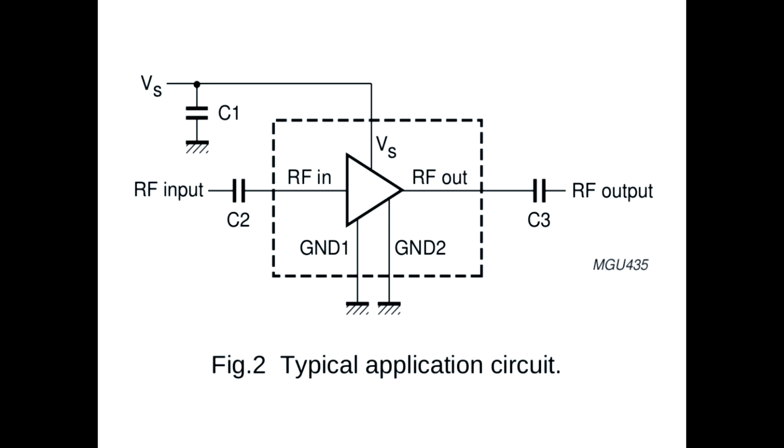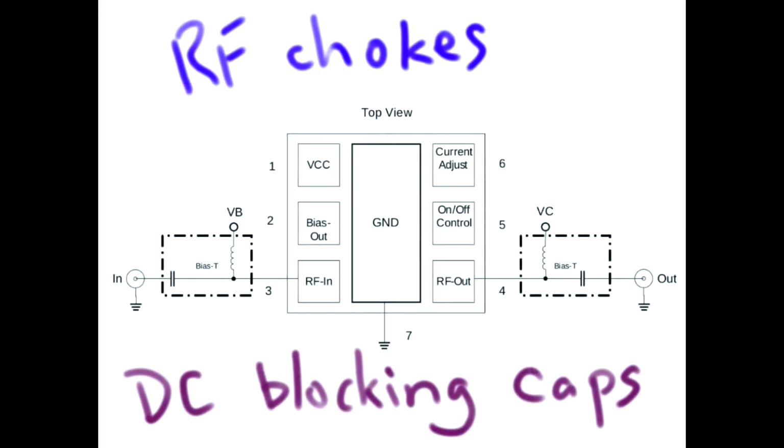Now, DC blocking capacitors is something we'll talk about just briefly here, but in particular, I want to show you another kind of structure that you'll often see. This is from another RF amplifier data sheet, just something I happen to have on my laptop. It shows you this structure called a bias T. You see this a lot, especially on the outputs of amplifiers.